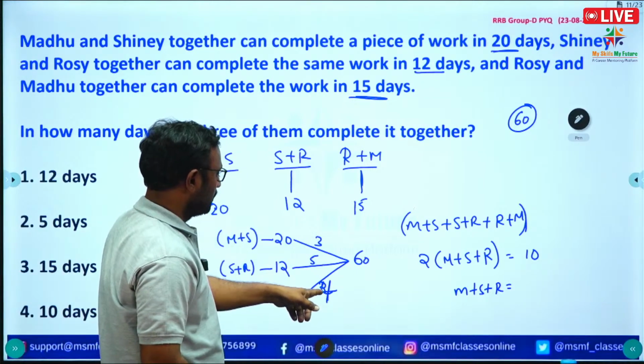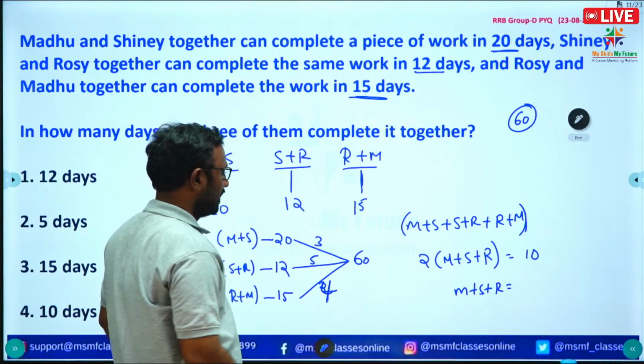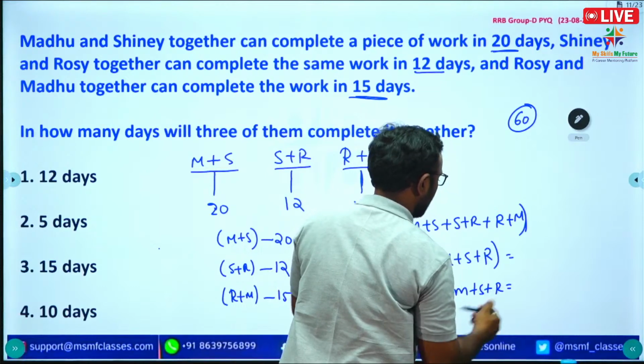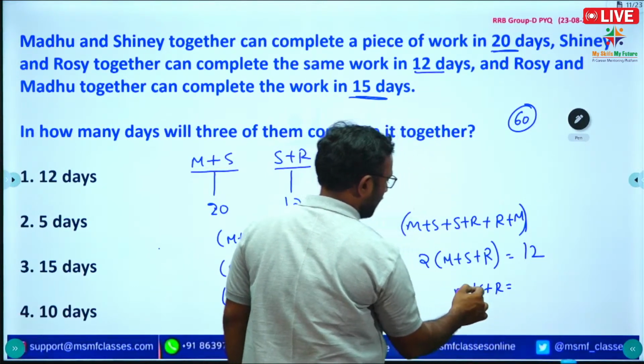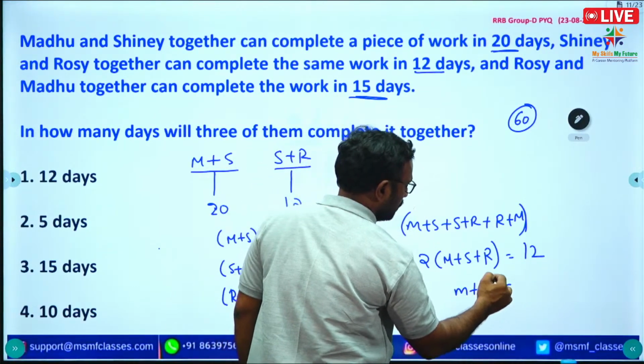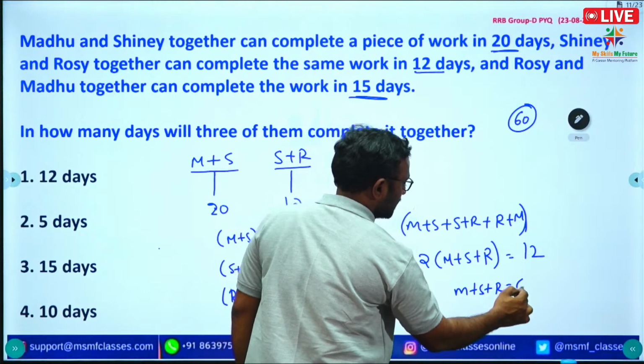So 3 plus 4 plus 5 is 12. So m plus s plus r is 12 by 2, which is 6.